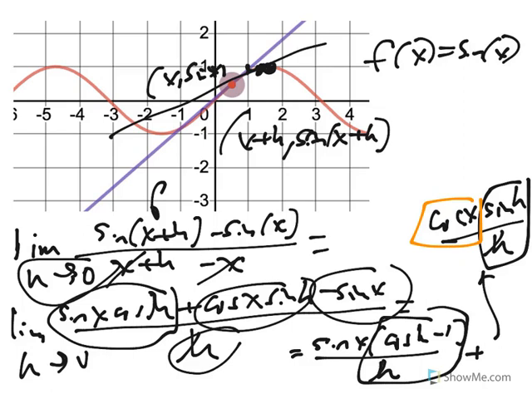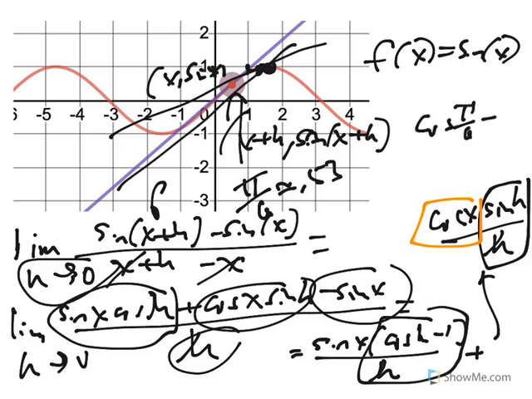The slope of the tangent line is always the cosine of whatever the angle is. So in this case, if this is pi over 6, which is about 0.53, then the slope of this tangent line is going to be cosine pi over 6, which is radical 3 over 2.